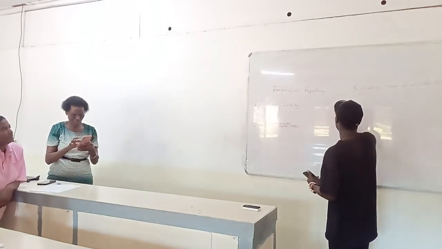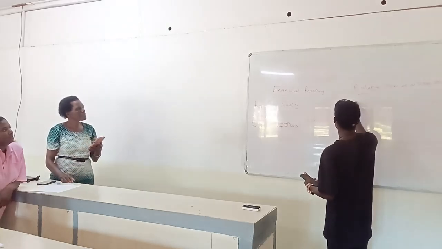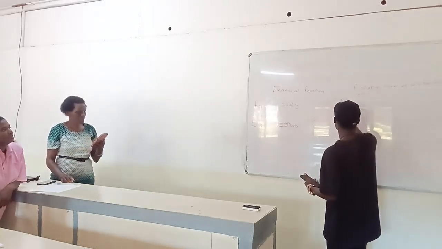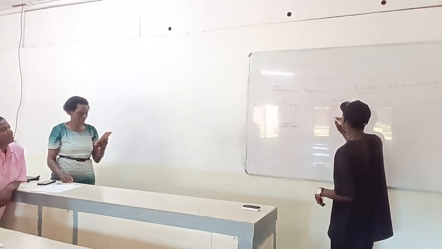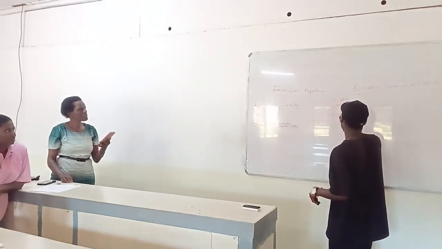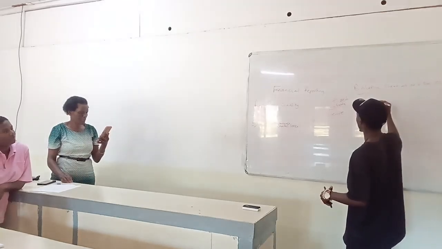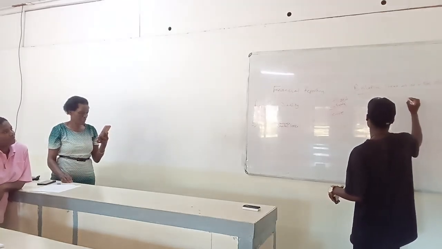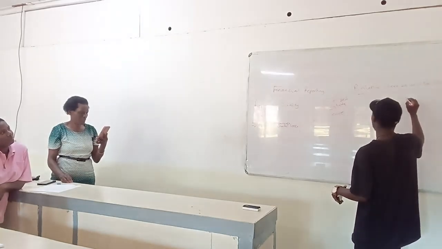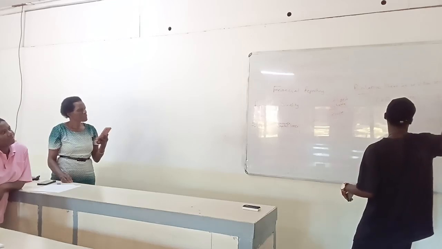We have our assets, right? These would be fixed. So if we are having a fixed asset, then we have the lease. Then obviously the cost, depreciation, then our net book value.